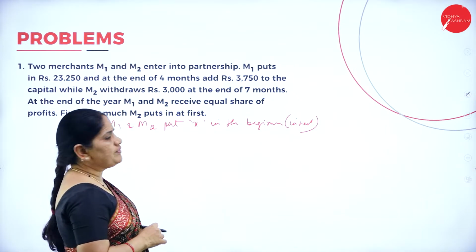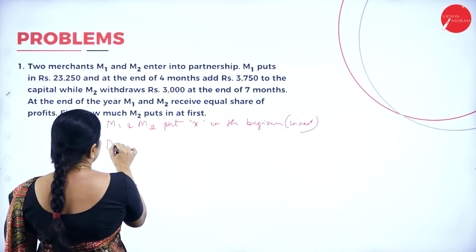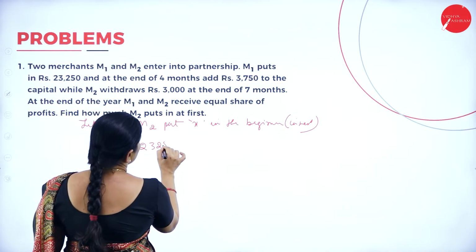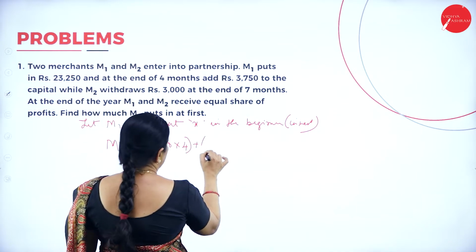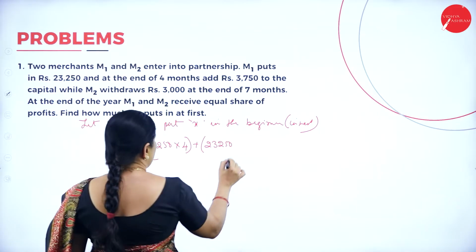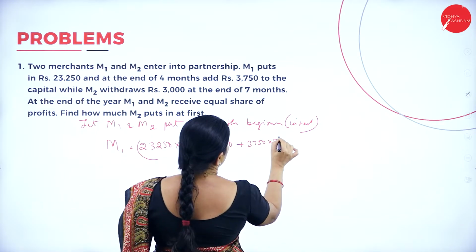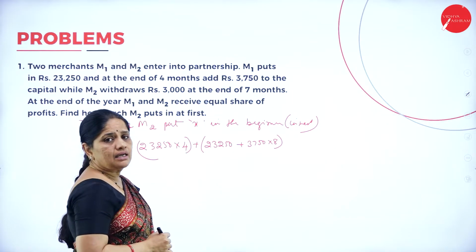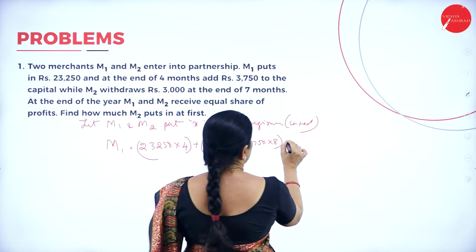Now, M1 will be investing 23,250 into 4 plus 23,250 plus 3,750 into 8, whereas M2 is withdrawing.